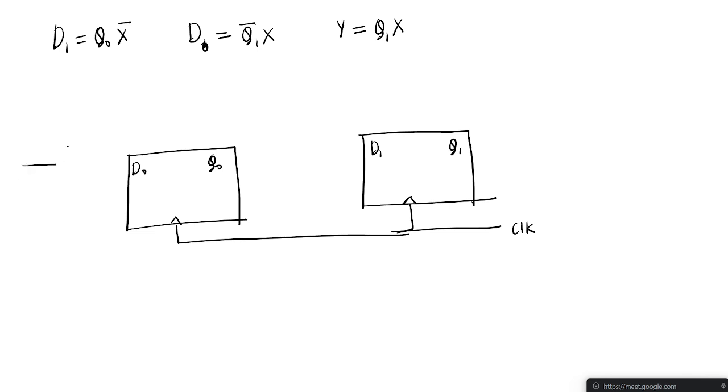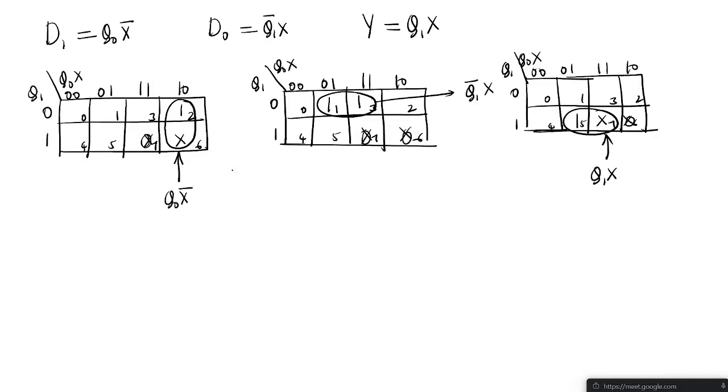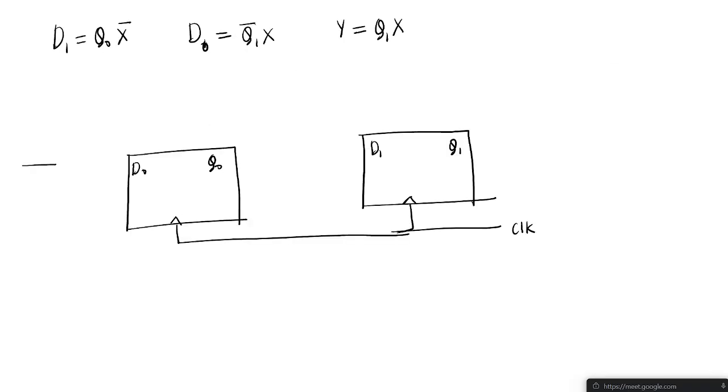So next, Q1, Q naught. D naught equal to Q1 bar X. D1 equal to Q naught X bar and Q1 bar X. So here D1 equal to Q naught X bar.